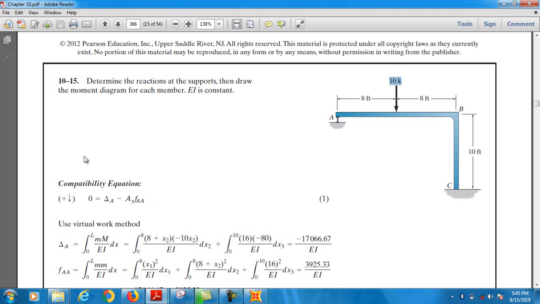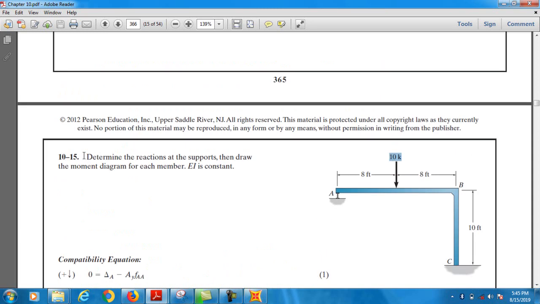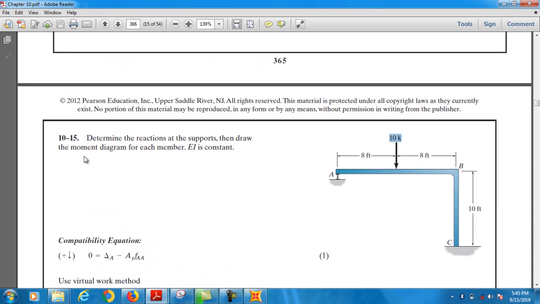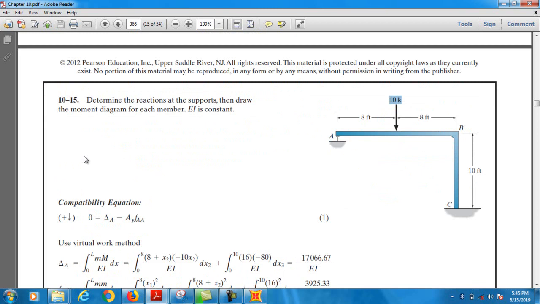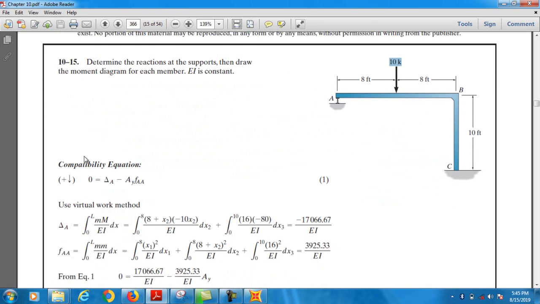It is not difficult, and you see that the load is applied at the mid span, so you just need to draw the frame the same way as I already drew the two frames. Okay, apply the load at the midpoint, and analyze the structure.